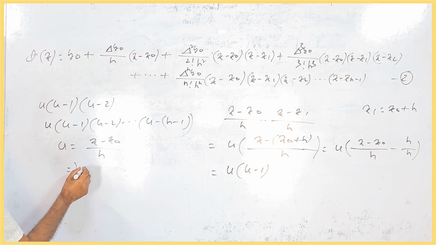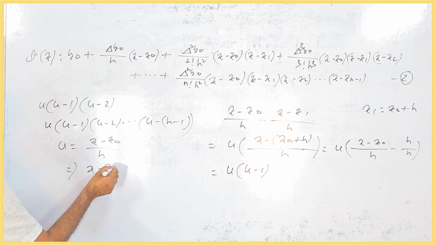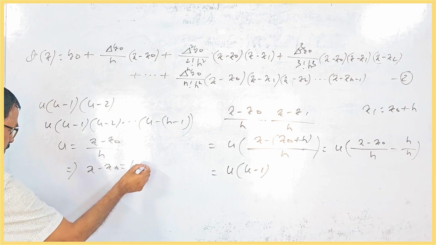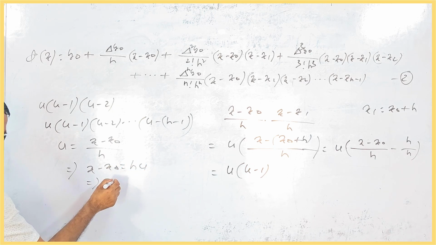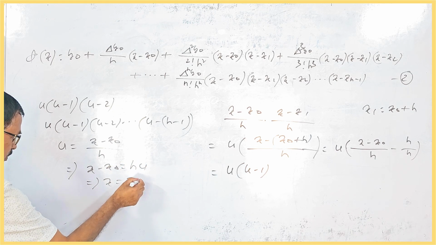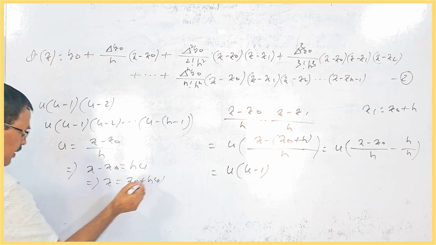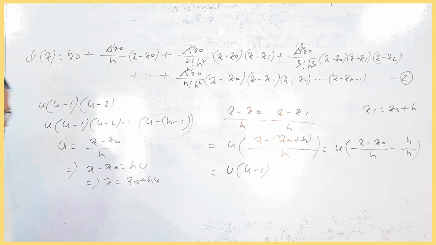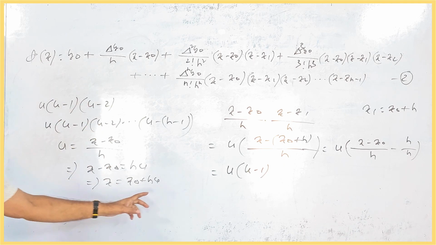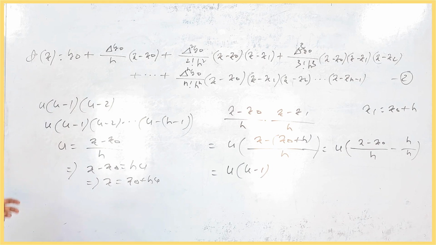This implies x minus x naught equals hu, so x is equal to x naught plus hu. So phi of x will be replaced by phi of x naught plus hu.